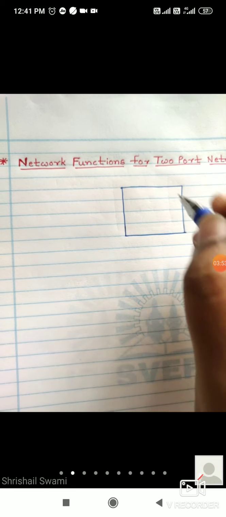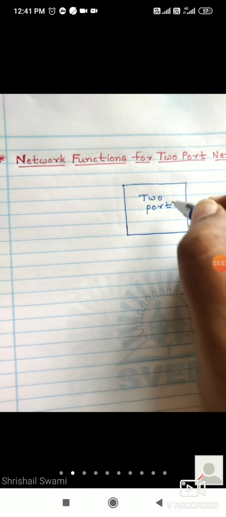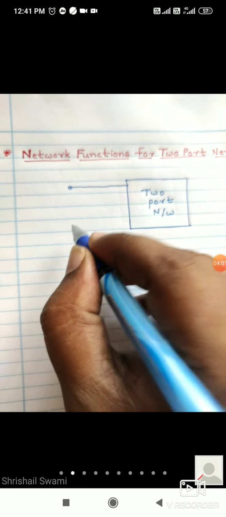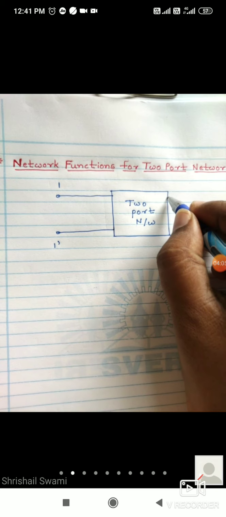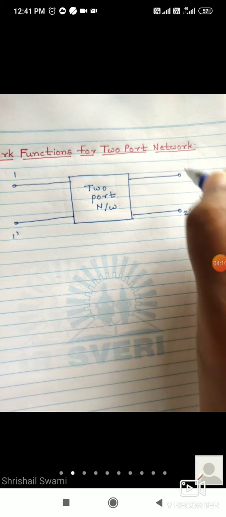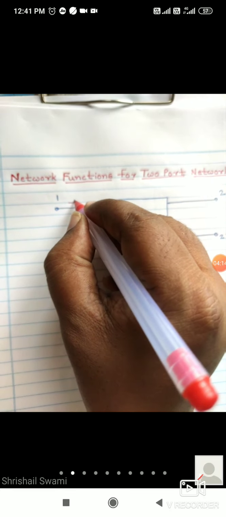Obviously for the two port network, you have to draw the block diagram. A two port network has two pairs of terminals. The first pair represents 1 dash, the second pair represents 2 dash. As usual, you have to mention the values of the variables.